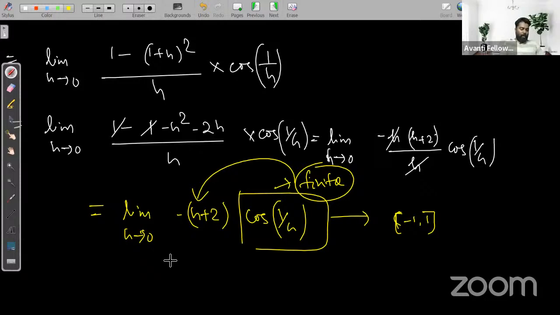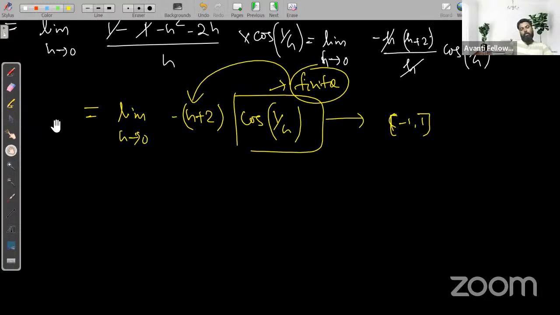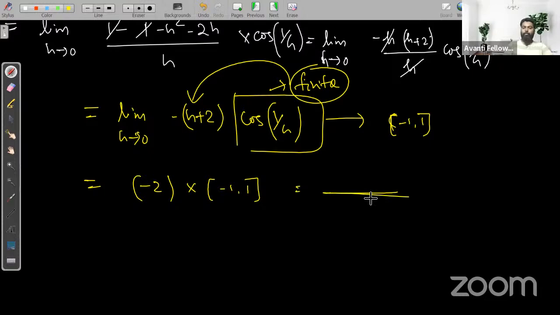What will this become then? How can we find finite into h plus 2? So 0 plus 2. So -2 into what are you getting? If we put the limit, we are getting -2 into some values in between -1 to 1. That means we are getting some finite value, right?